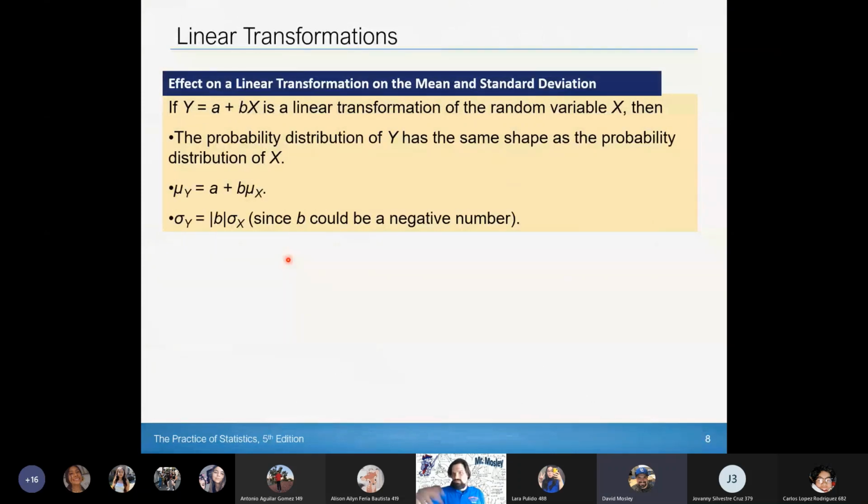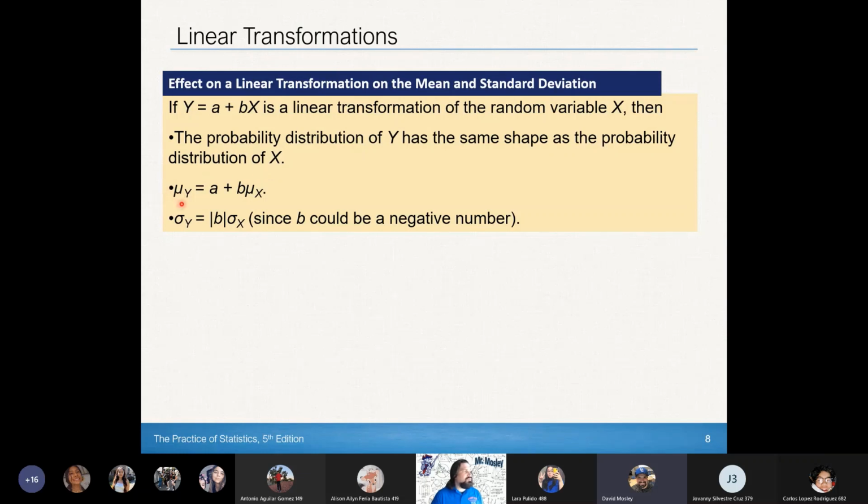So then we get everything together in a linear transformation. Effect of a linear transformation on the mean and standard deviation. If y equals a plus b times x is a linear transformation of the random variable x, then the probability distribution of y has the same shape as the probability distribution of x.